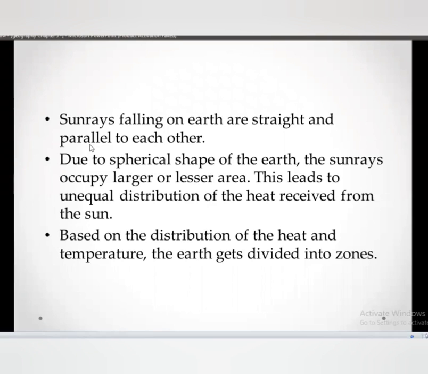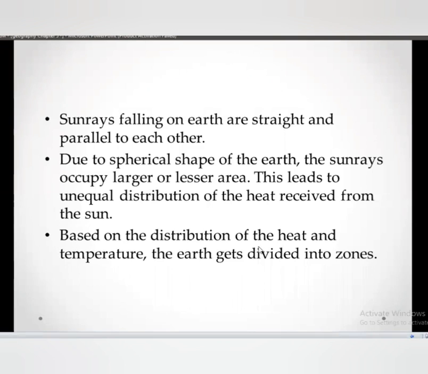This leads to unequal distribution of the heat received from the sun. Based on the distribution of the heat and temperature, the earth gets divided into zones.